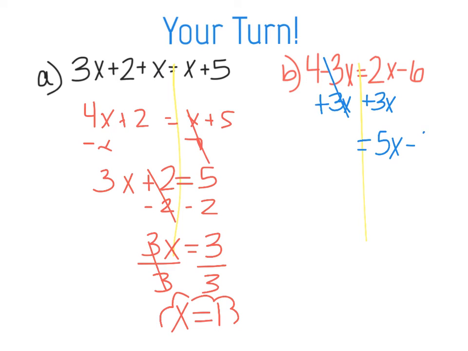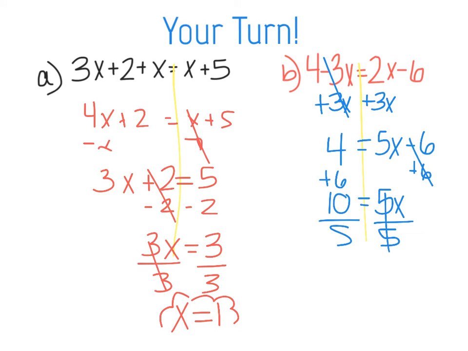So we have 5x minus 6, and over here we still just have 4. Now I'm going to add 6 to both sides of this to get my x almost alone over here. We have 5x and 10. And final step, divide both sides by 5. 10 divided by 5 is 2, and x equals 2.